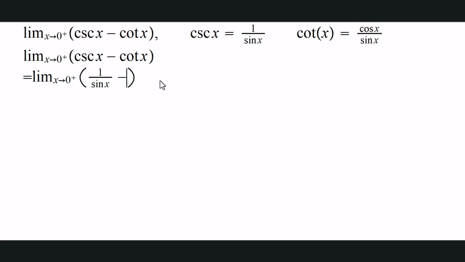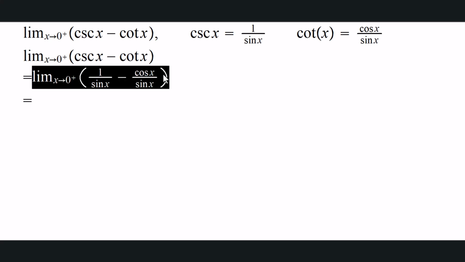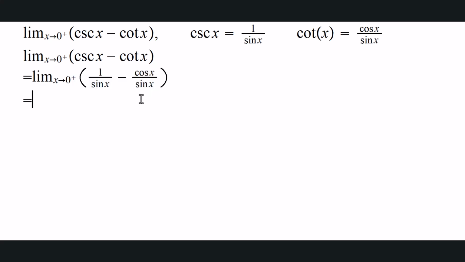All right, now we have the same common denominator here, and this is very fortunate, for those of us who don't like getting into fractions very much. So anyways, we have this, and now this is a 0 over 0 form.